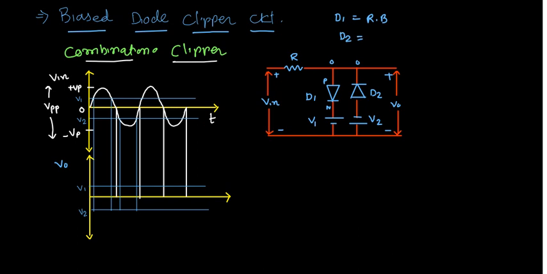Here is 0 and here is some negative value, so you can directly say that it will also be reverse biased. So at that point, whatever input supply is there is going to be available at the output side. Up to this point, V output equals V input, so it is going to get the same value. Now what will happen at one point?